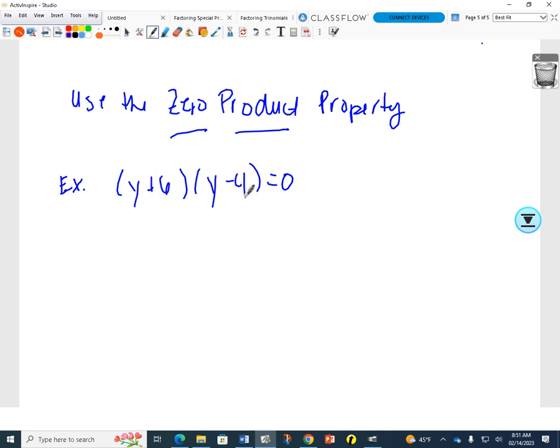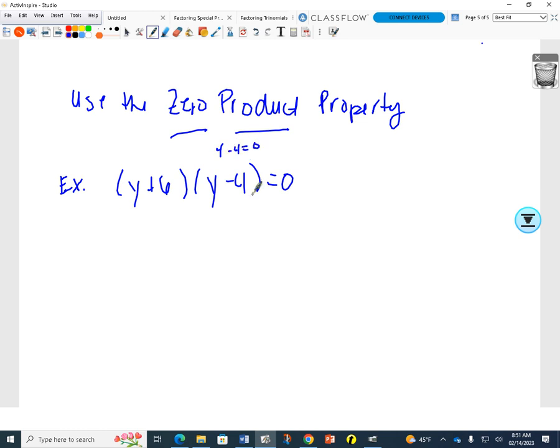What number do I need to subtract 4 by to get 0? Well, if I plug 4 in here, then that would make this factor 0. And 0 times y plus 6 would give me 0. So that is one answer. 4 minus 4 gives 0, so that one would work.